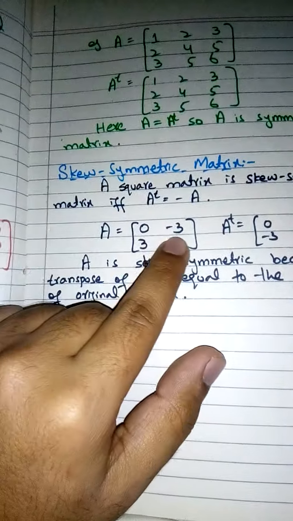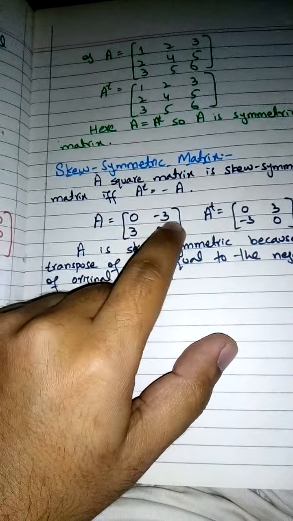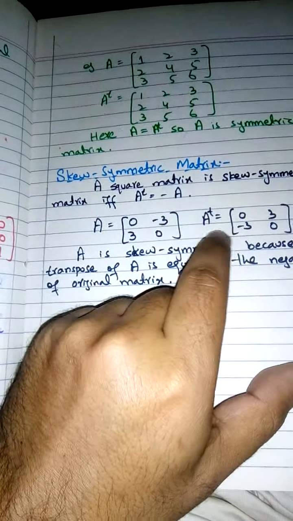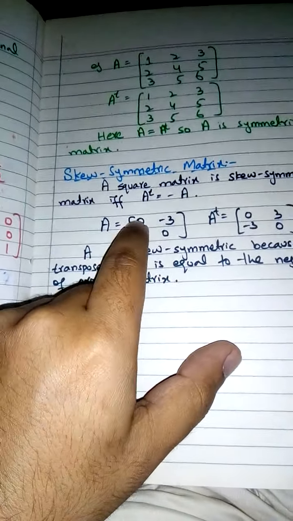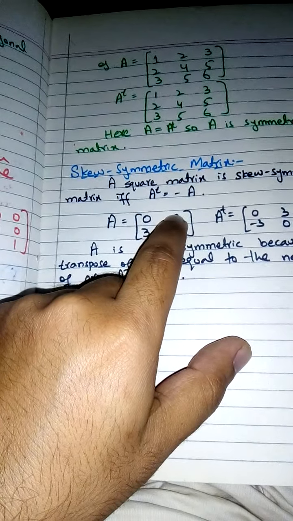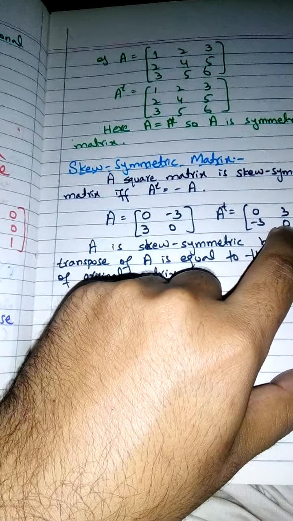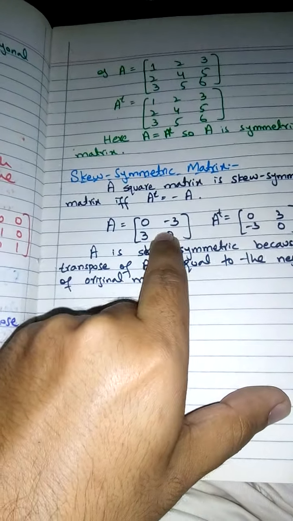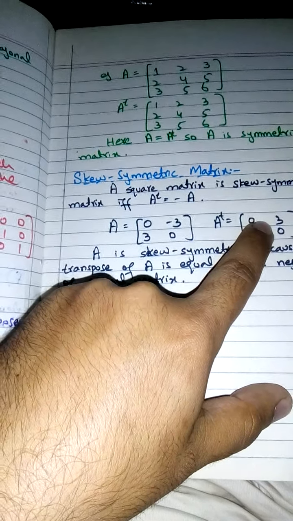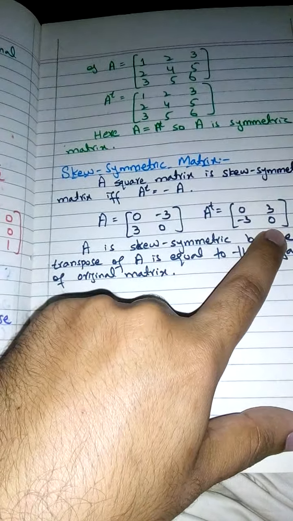For example, if you look at this matrix, the first row is 0, -3, and in the transpose the first row is 0, 3. That is, we have to change the first row into the first column and the second row into the second column. Now if you look at these two, 0, 0, negative 3, positive 3, the sign is changed, 3, negative 3, 0, 0.